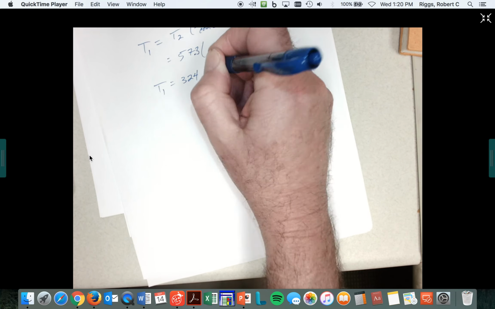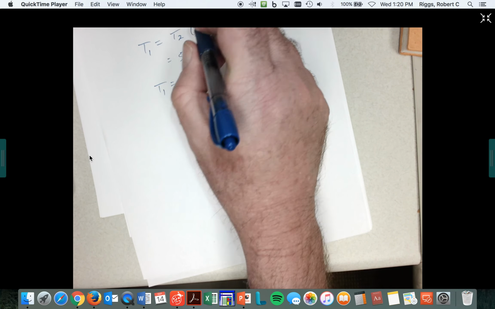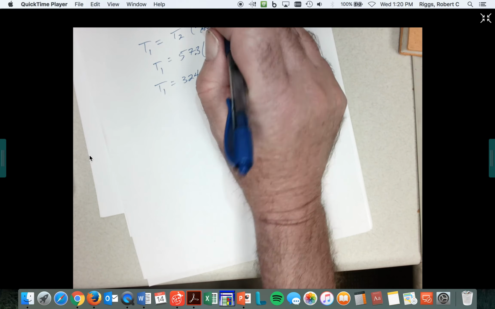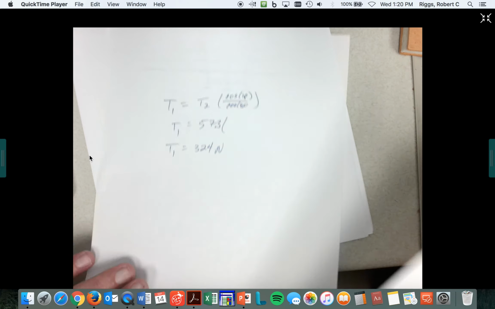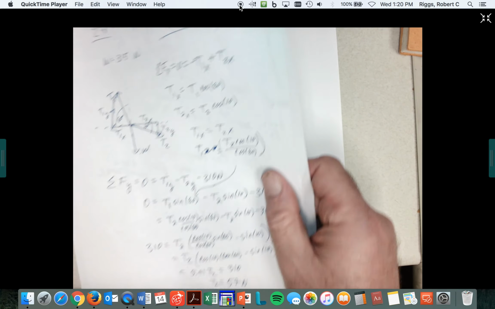This all makes sense to me. T1 equals 324 newtons. There we go. Done here. Kind of tricky, isn't it? You just keep your things in order.